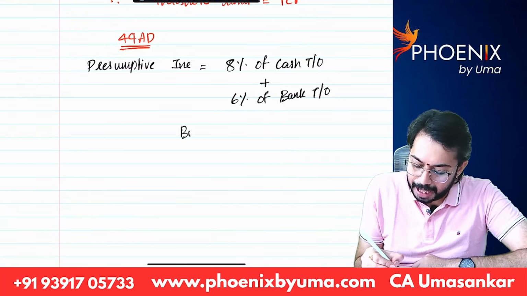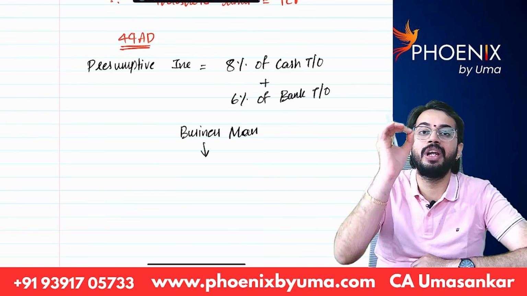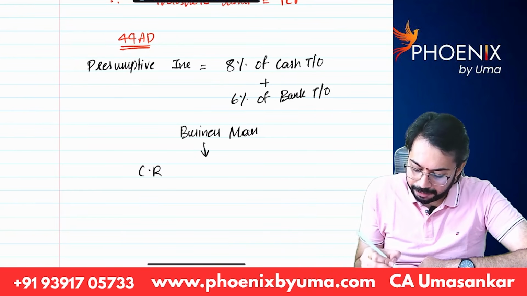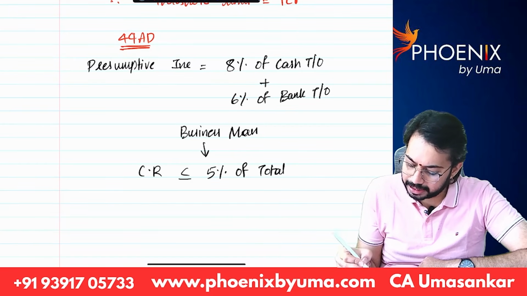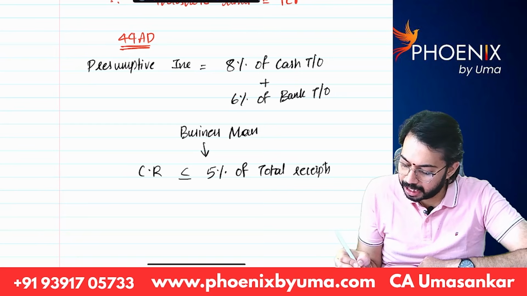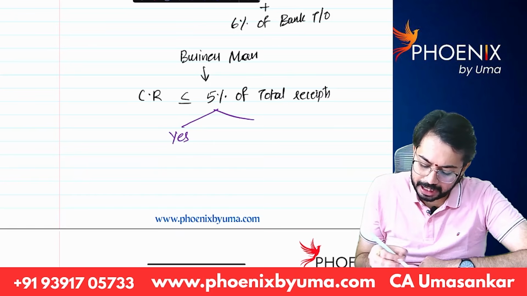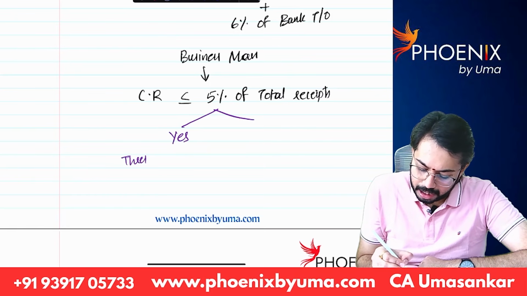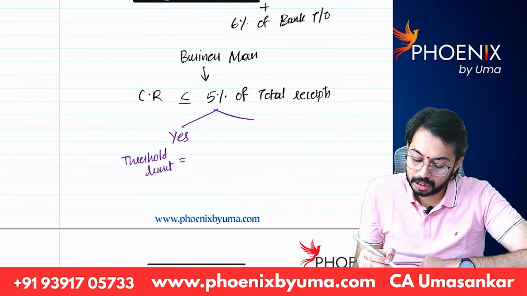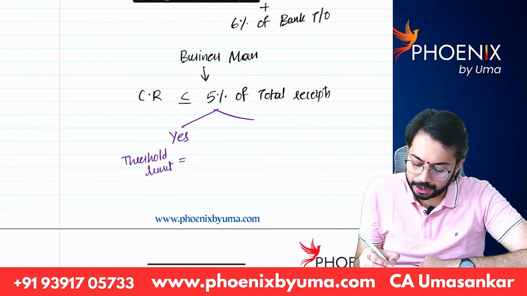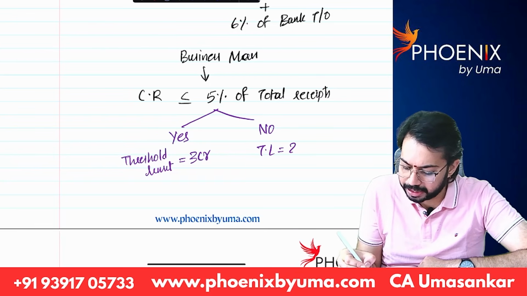Next, who can choose 44AD? Any businessman comes to you, you will ask him only one question. In your business, if cash receipts are less than or equal to 5% of total receipts. If answer to this question is yes, then threshold limit is 3 crores. If answer to this question is no, then threshold limit is 2 crores.